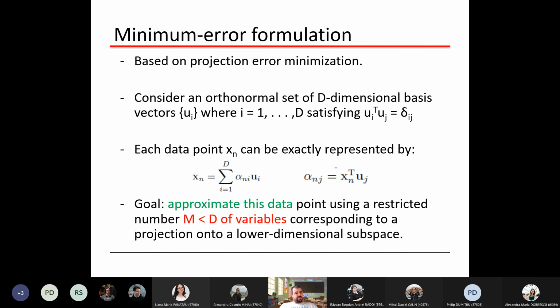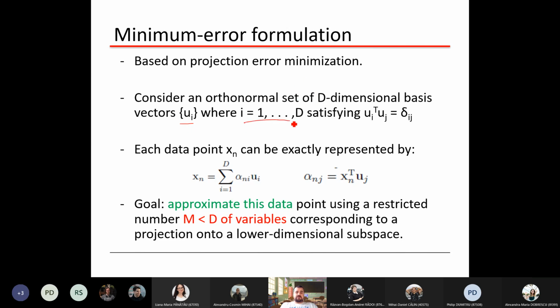So this is about the maximum variance. Now we'll go to the second definition of PCA, which involves minimum error formulation, and it is based on projection error minimization. We consider first an orthonormal set of d-dimensional basis vectors, ui. So we have the d-dimensional data.